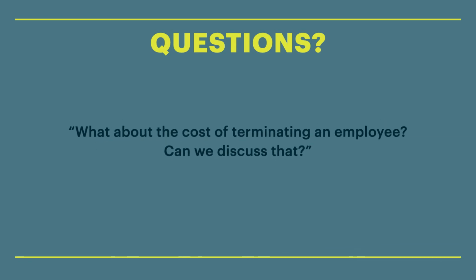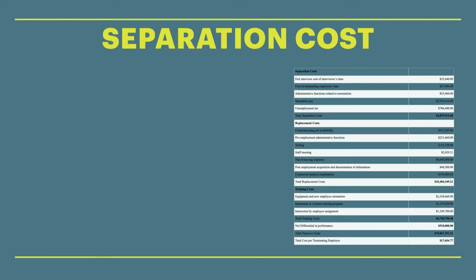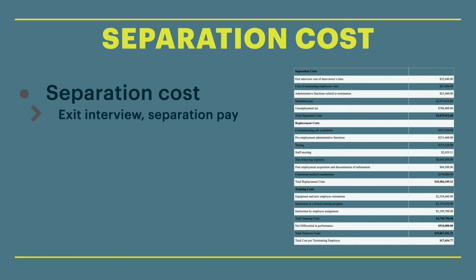Let's discuss the separation calculations. There are three main parts to calculating the cost for terminating an employee. You have the separation cost, which includes things like the exit interview, separation pay, and unemployment tax if there's any.